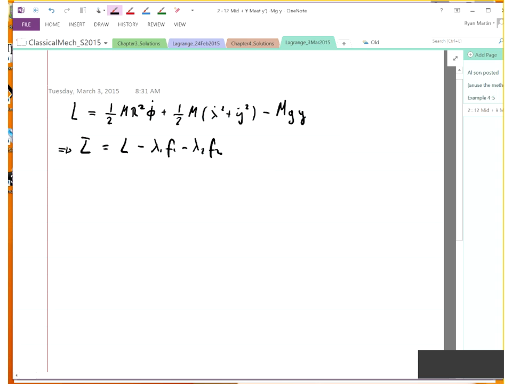So we build L bar, which was equal to L minus lambda 1 F1 minus lambda 2 F2. We have those 2 constraint equations that I boxed in blue in the previous page.